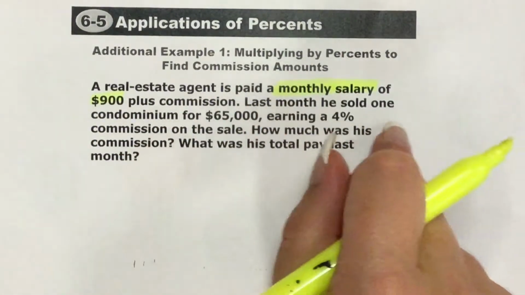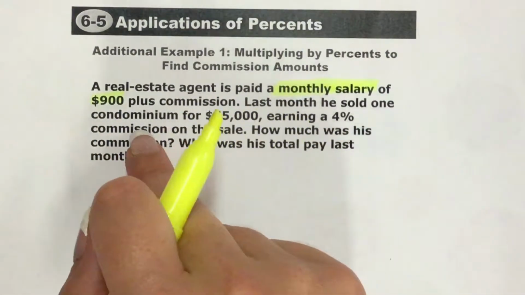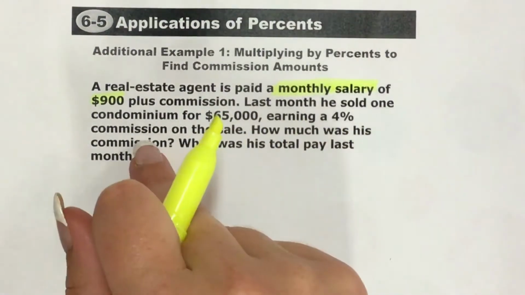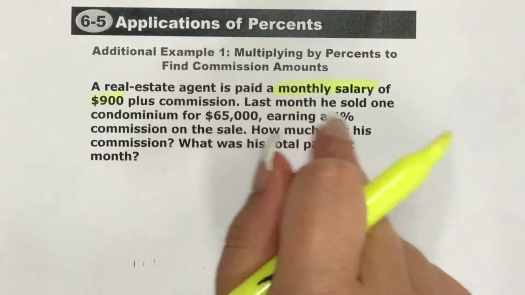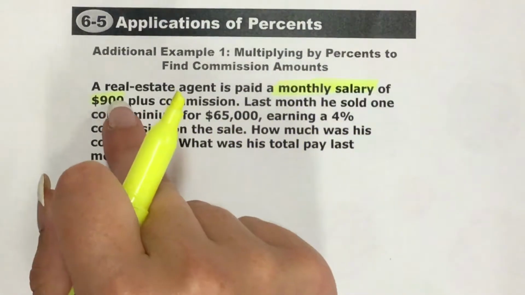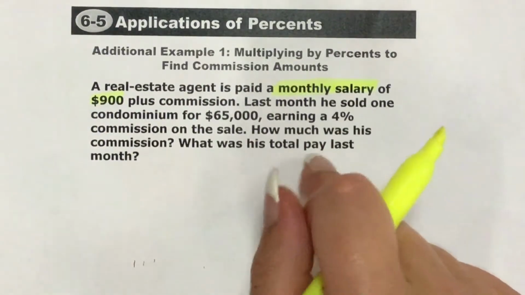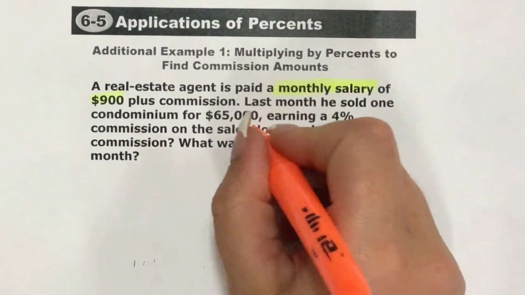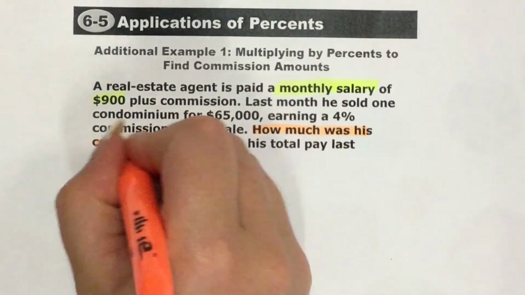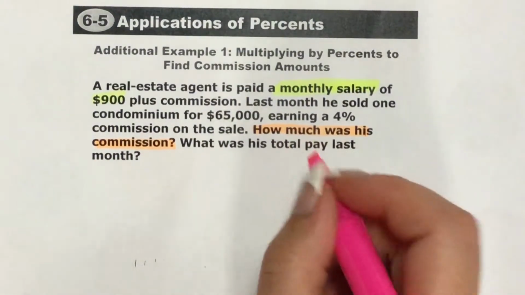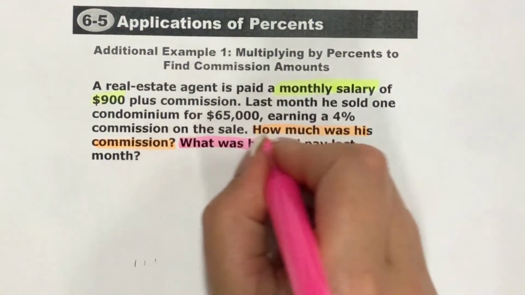Last month, he sold one condominium for $65,000, earning a 4% commission of the sale. So that means they get 4% of $65,000 plus the $900 salary. The first thing they ask us is how much was his commission? And the second thing is what was his total pay last month?